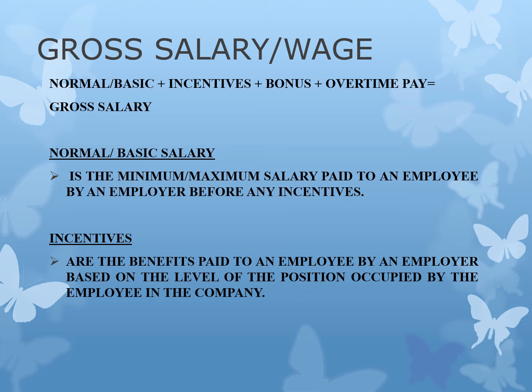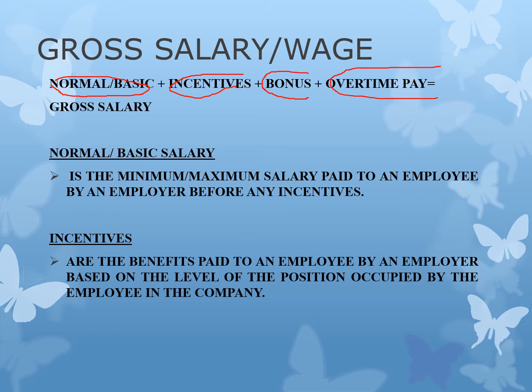First, you must have the wages or the salaries which the employee is guaranteed. Number 2, you have incentives. Number 3, you have bonus. Number 4, you have overtime pay.